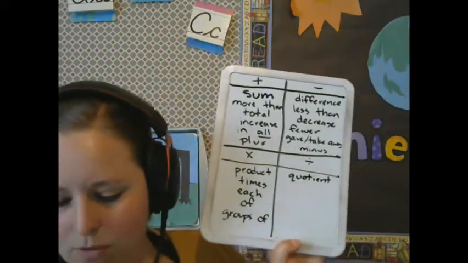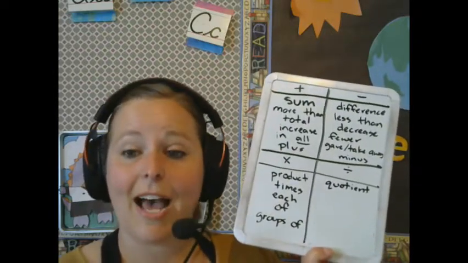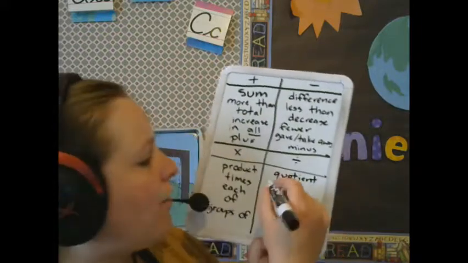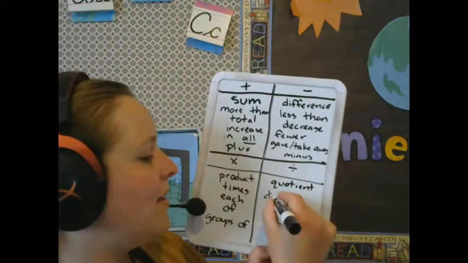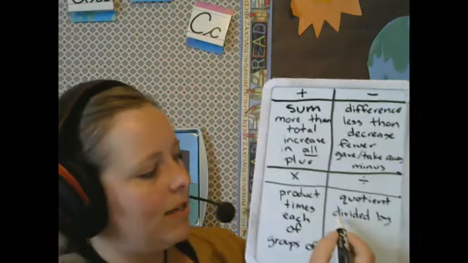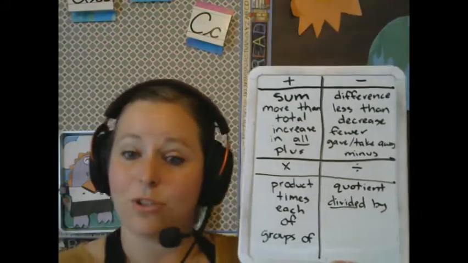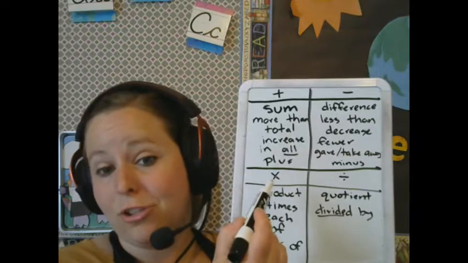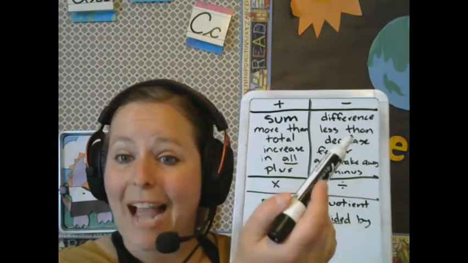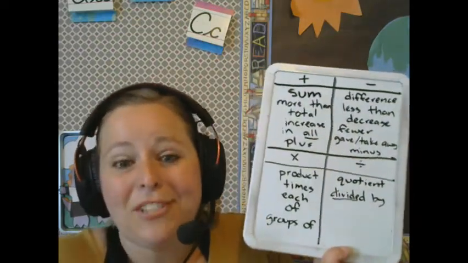Then the last one is division. I don't have quite as many phrases that would let you know they're division, but obviously quotient, the answer to a division problem. We've got the words divided by, which, by the way, has the word divide in there. So anytime you see the actual word, like multiplication or multiply, division or divided by, subtraction or subtract, addition or add, it will let you know that's the operation you're supposed to do.